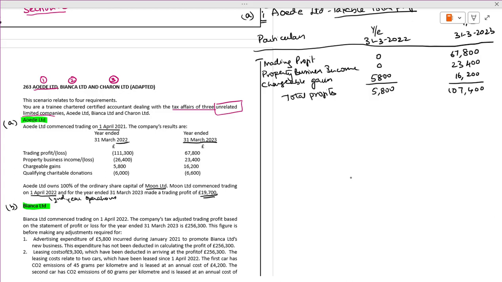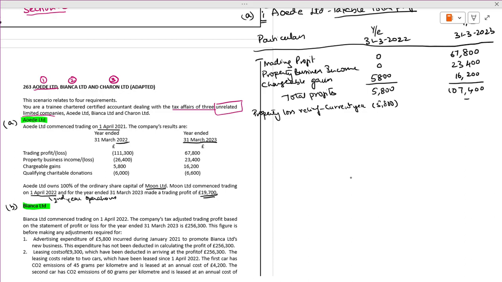We can claim property loss relief. Make it very, very clear. Current year: 5,800. Here you don't have anything. Next, we have 5,800.